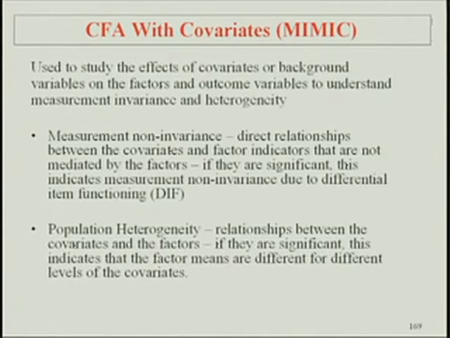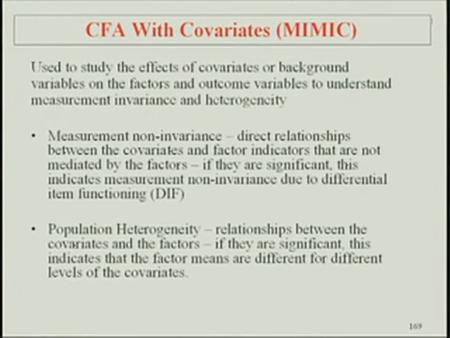And only after we've established that we have measurement invariance does it make sense to compare the factor means and look at population heterogeneity. And these are relationships between the covariates and the factors. If they're significant, this means that the factor means are different for different levels.